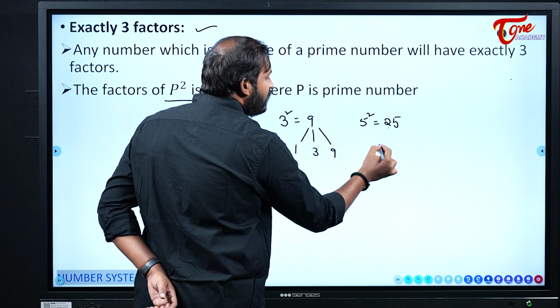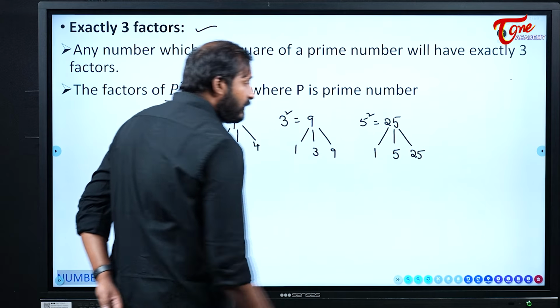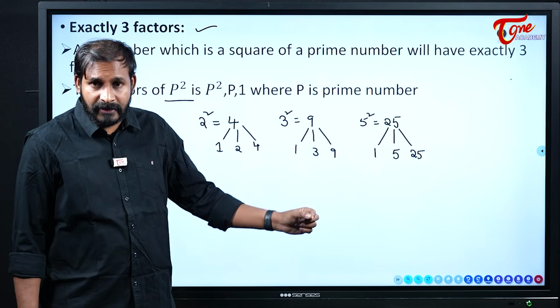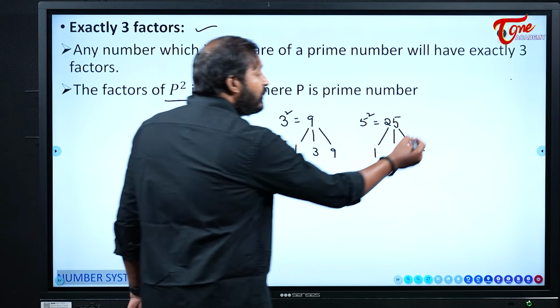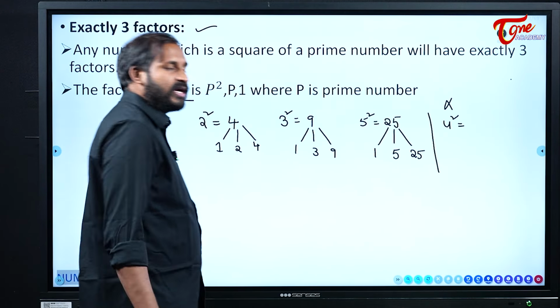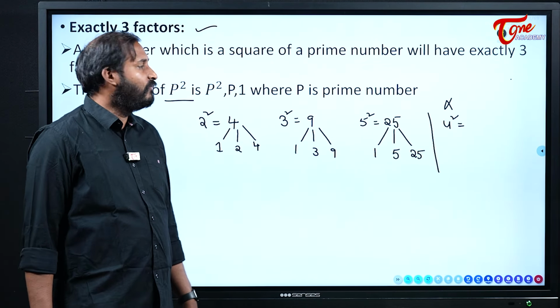What are the factors of 25? 1, 5 and 25. Remember one thing very carefully: squares of prime numbers will have exactly 3 factors. Don't take 4 square and say it does not have exactly 3 factors. 4 is a composite number, so we cannot take 4 in this case.